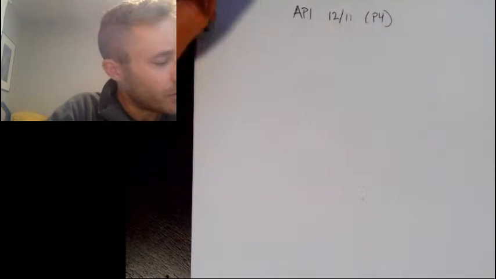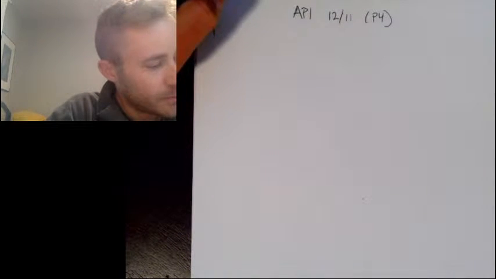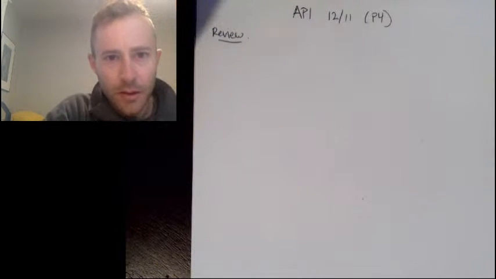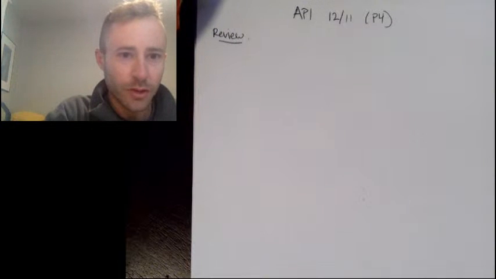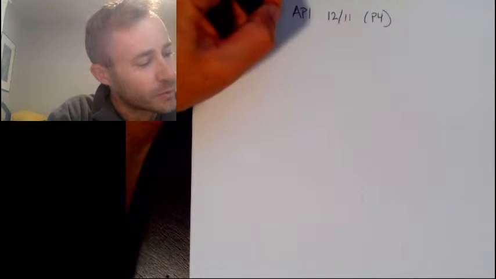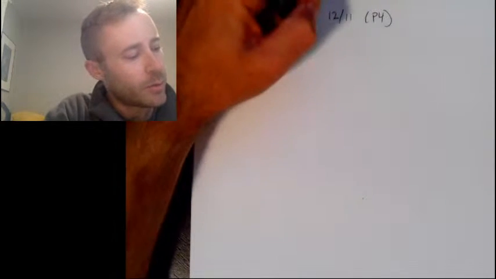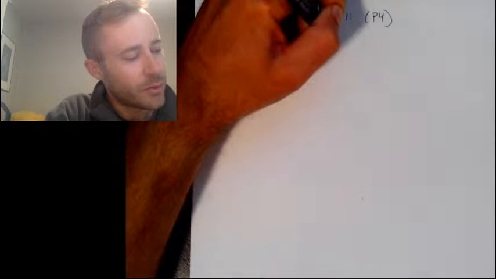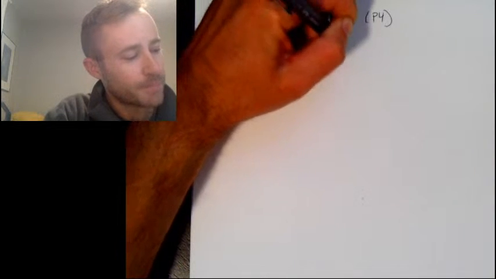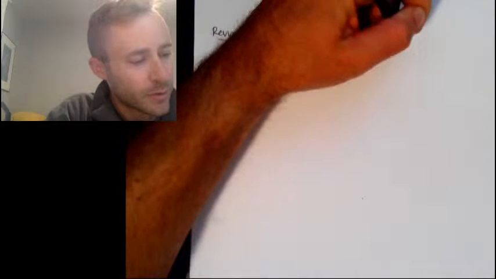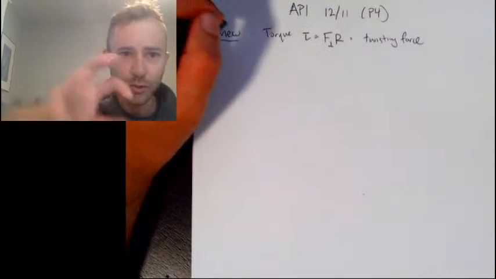Let me just do a little review. So far, when we've been talking about rotational dynamics, we've learned about 2 things. We've learned about torque, which is denoted by tau, and it's equal to F perp times R. And torque is a twisting force. So it's something that causes a twist, okay?